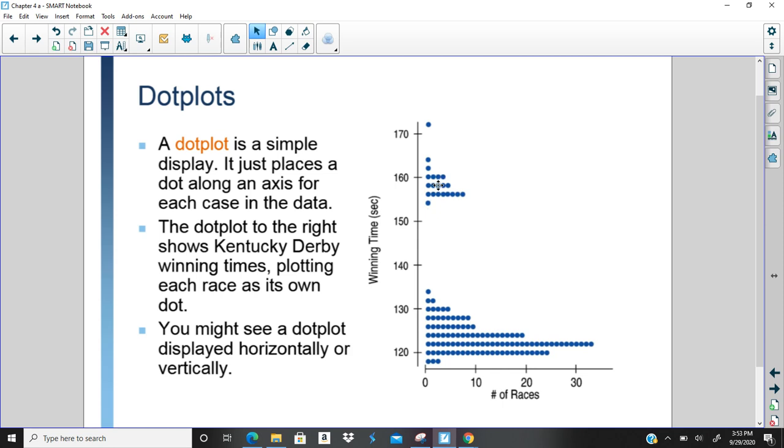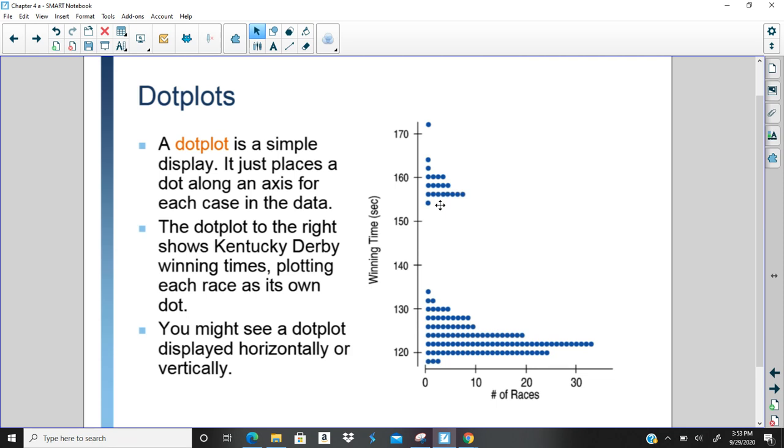So 160 is probably in increments of 2, because this would be 152, this would be 154, 156, 158. So these are in increments of 2. There are going to be races that would probably be like 151.8. Some of them would be 152.3. They're putting them into minorly bigger categories by rounding a little bit to make it simpler.